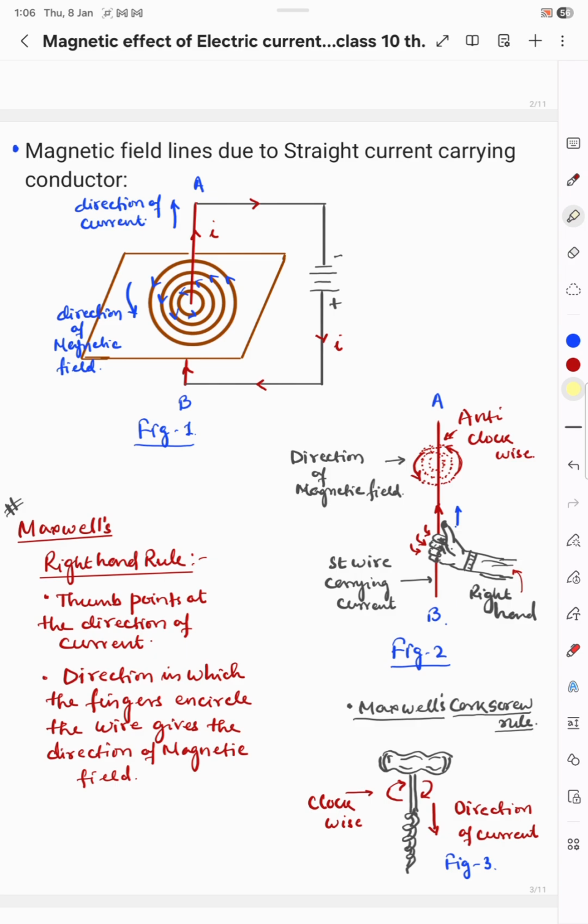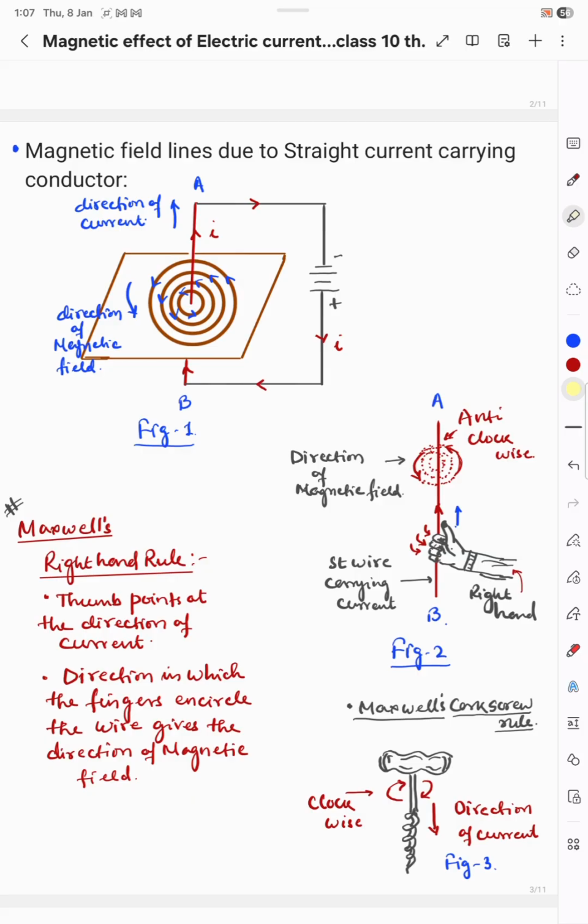And the Maxwell right hand rule gives us the idea of how the magnetic fields are formed depending upon the direction of the current. Suppose you are holding this conductor AB in your right hand, and the thumb is pointing towards the direction of the current.